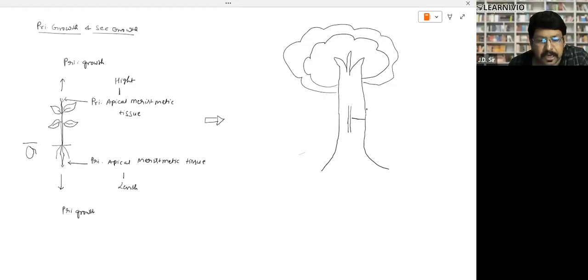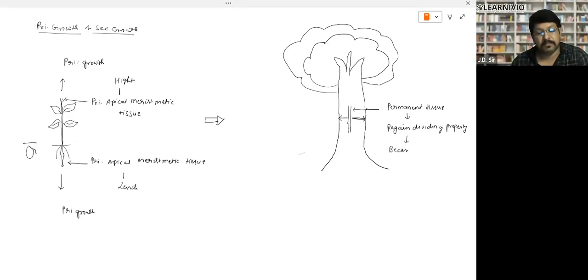Now what happened here? Try to understand. There were some tissues which were permanent tissues. These permanent tissues have regained the dividing property, right?